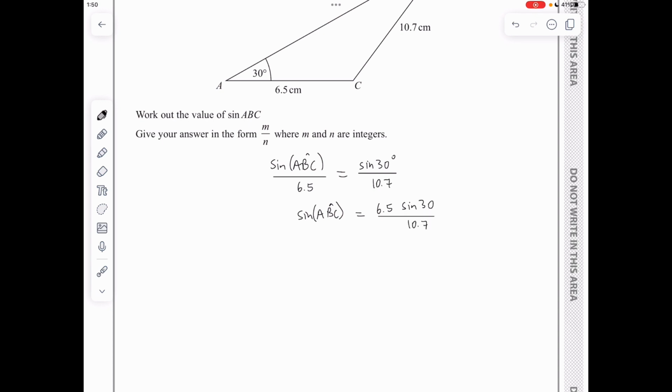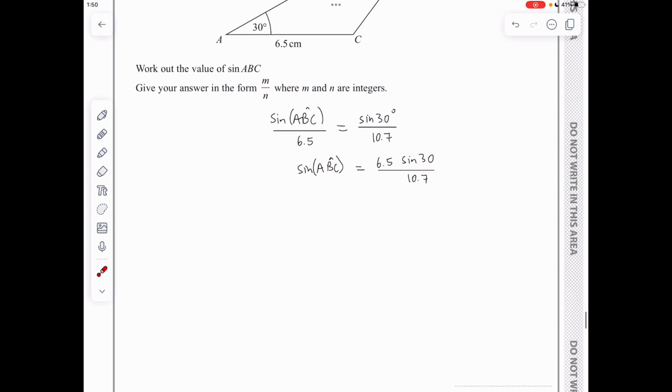Remember, we are trying to get an answer in the form m over n, where m and n are integers. So what I will be doing, I will be writing 6.5 as 65 and 10.7 as 107. So 65 sine 30 over 107. Now we know that sine of 30 is a half.